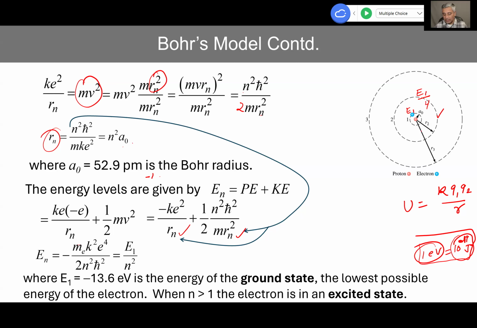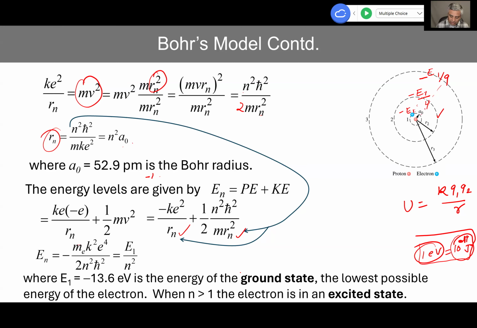So going from first to second energy level, only a quarter of the energy is available. But remember, this is negative, so a smaller negative number means a larger value. So energy is getting higher and higher because these are negative. Smaller negative numbers means they are larger, basically.